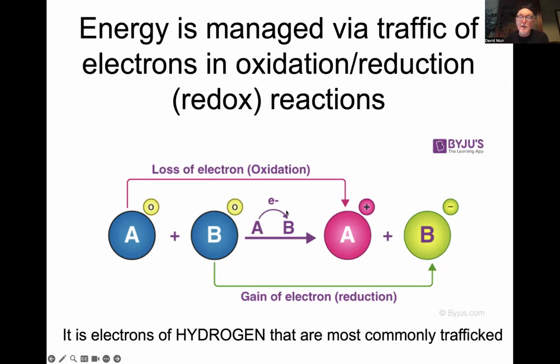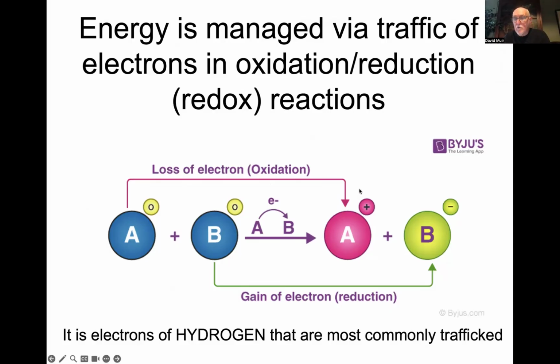And the way in which electrons are exchanged between atoms is very important. If I have an atom and I take one of its electrons and I remove that electron, that is called an oxidation reaction. Now, if I take off an electron like this, I cannot have the electron just floating around willy-nilly.